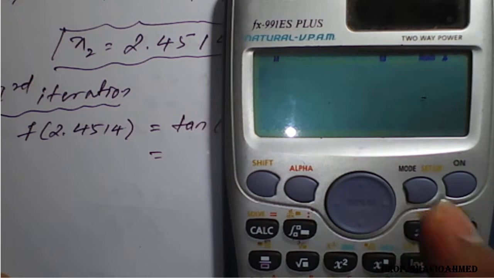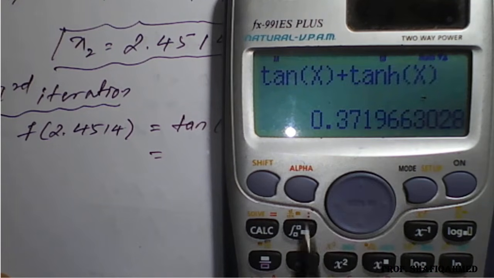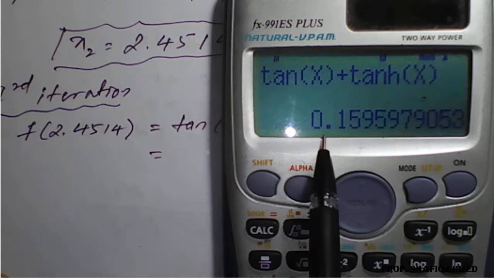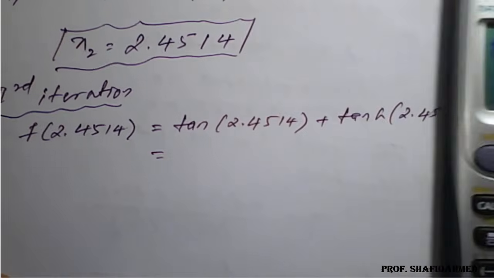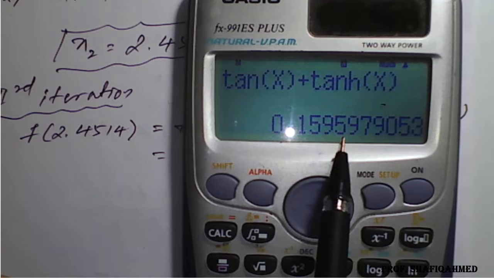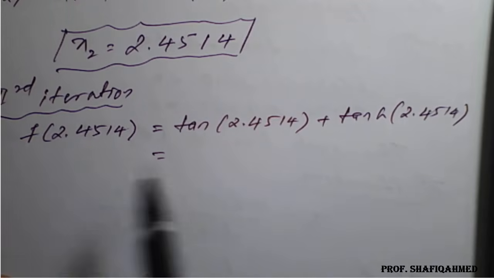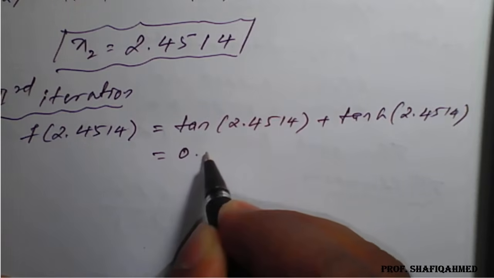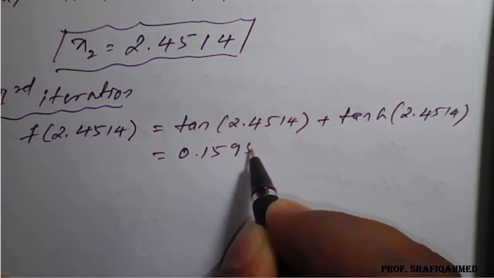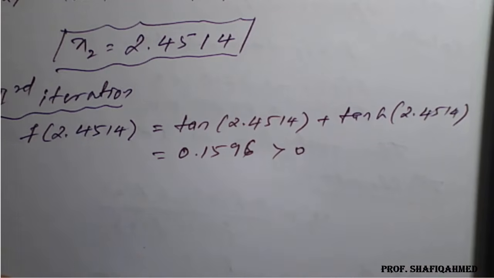So again just press the AC button, go back to the center button, and you'll get back your equation, calc option. So the x value is 2.4514. We got a positive value again, that is 0.159597, so we'll take up to 4 decimal places, 0.1596, which is positive.